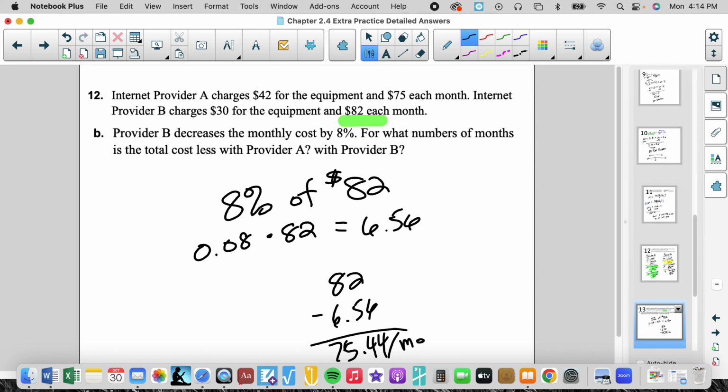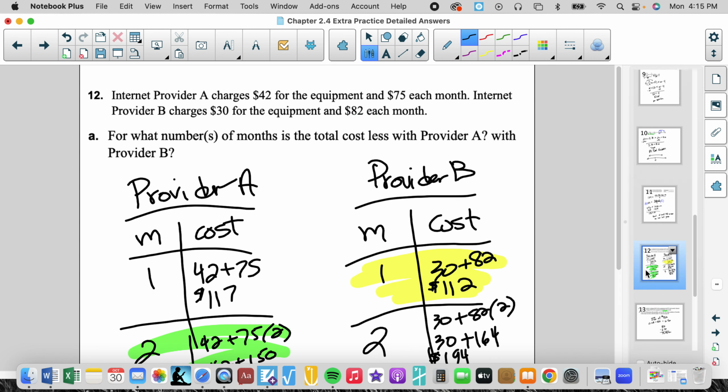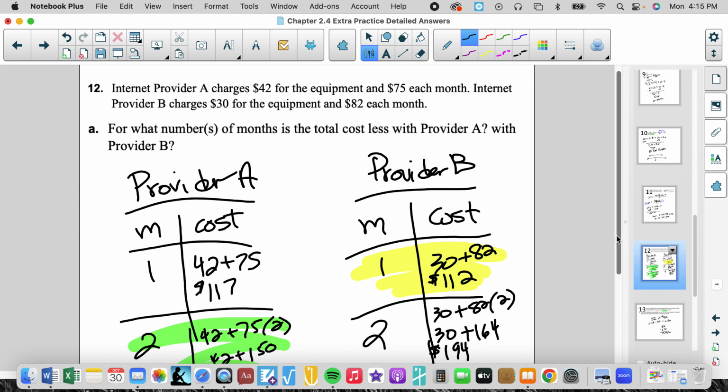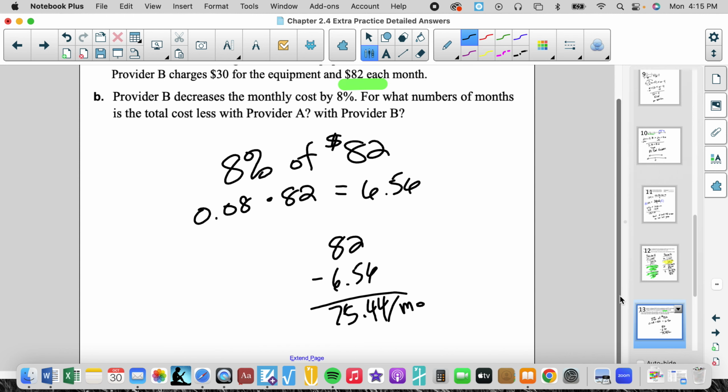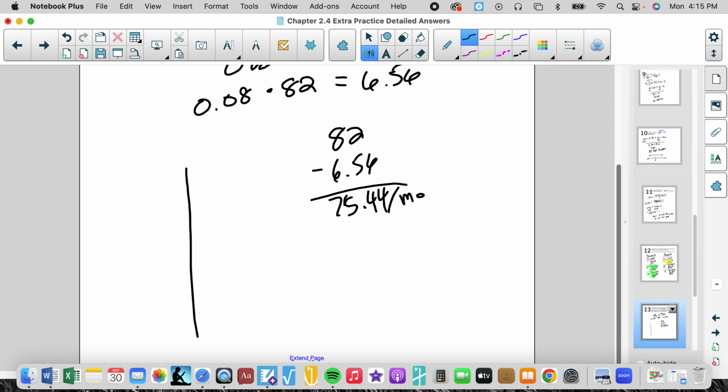For what numbers of months is the total cost less with provider A than with provider B? So we're going to do that same thing, and our A values are going to stay the same. It's our B values that are going to change. So we'll just do our chart again: months and cost. After 1 month, we get $30 plus $75.44, which gives us $105.44.